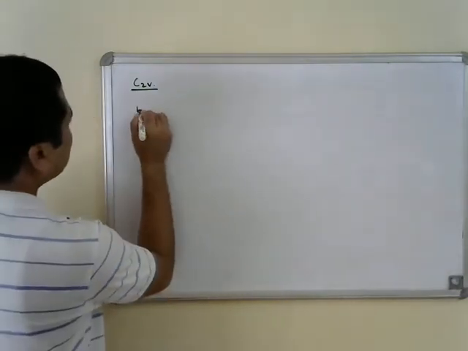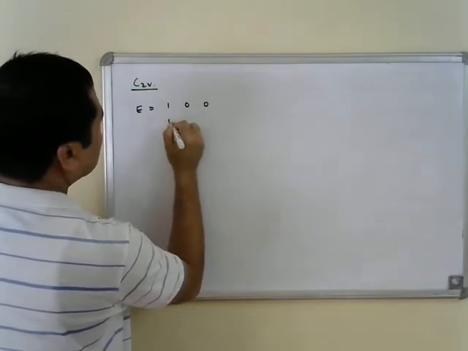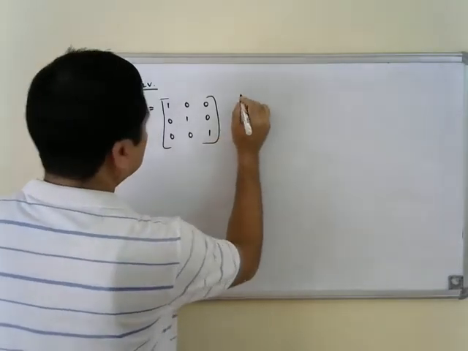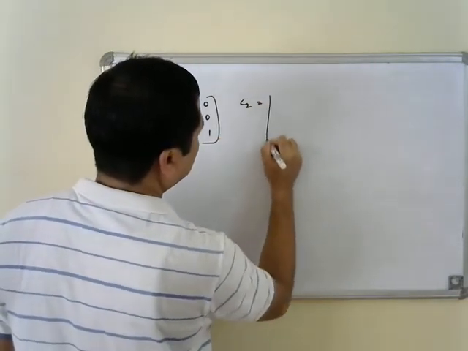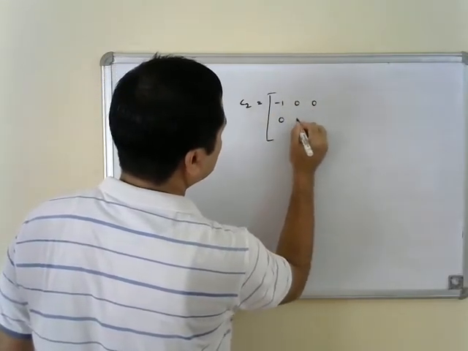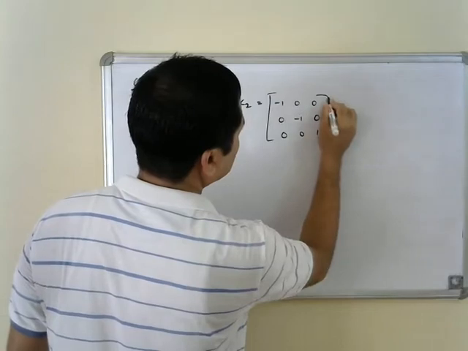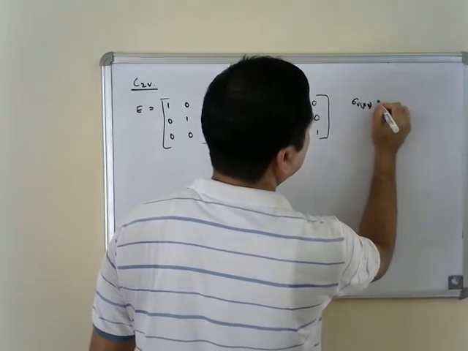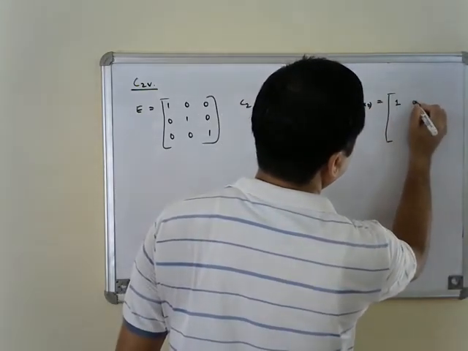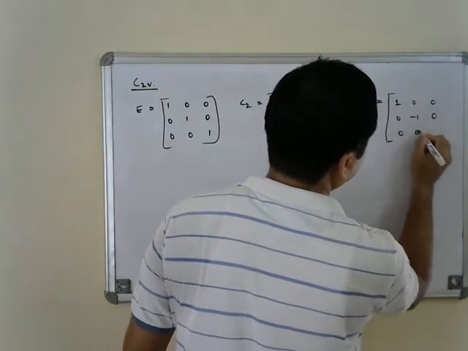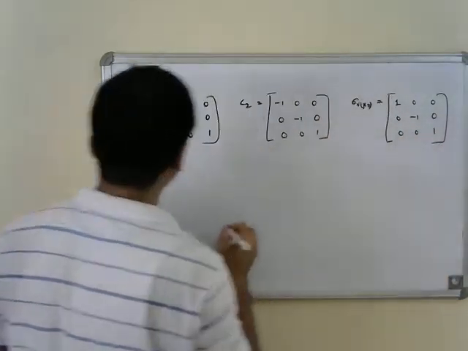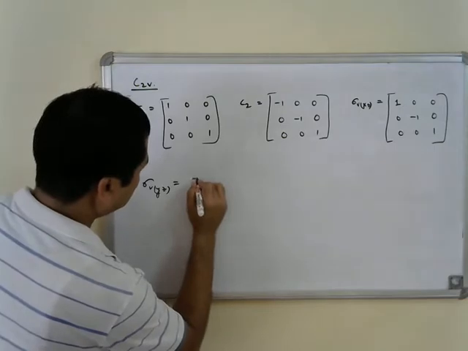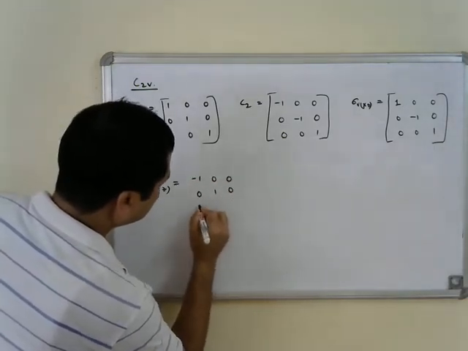So for the identity operation, we can write the matrix; for C2 along Z direction, this is the matrix representation; for sigma V xz, this is the matrix representation; and sigma V yz, minus 1 0 0, 0 1 0, 0 0 1.